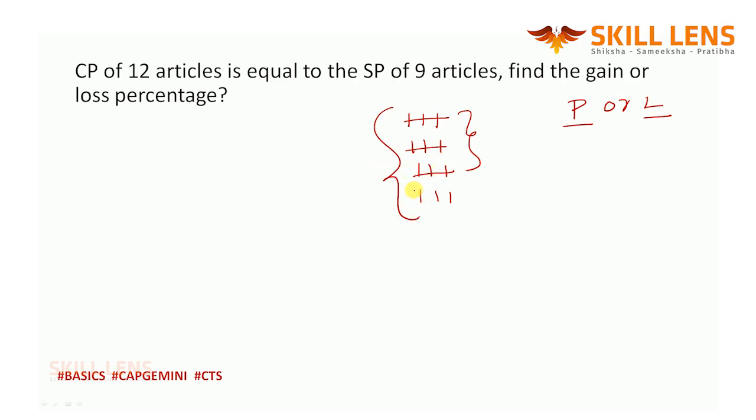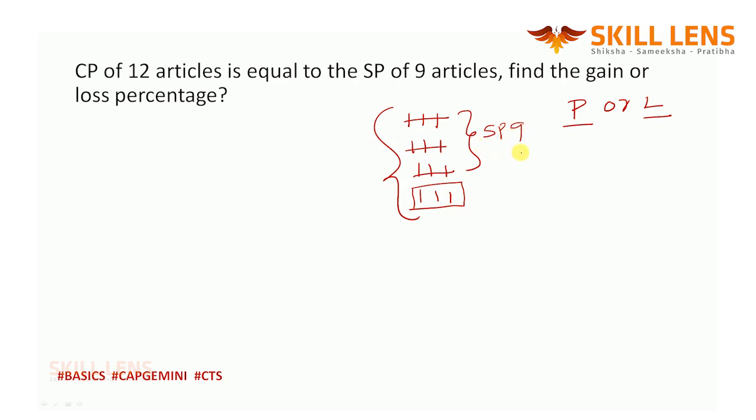Okay, so the point is this. When you sold the rest of the sanitizers, definitely you are in profit, no? That's what the question talks about. Please understand the question carefully. So, there are 12 sanitizers. You sold 9 sanitizers.